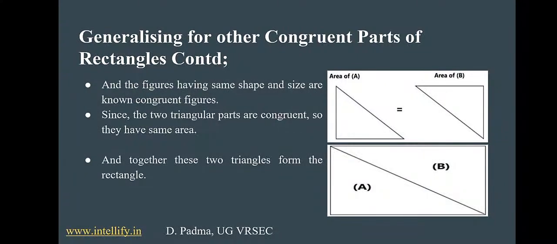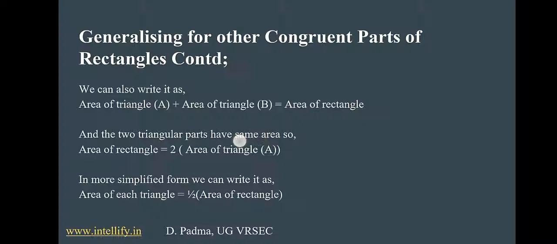Since the two triangular parts are congruent, they have the same area. So if the two triangles are congruent, their area is also equal, and together these two triangles form the rectangle. And here we can also write it as area of triangle.